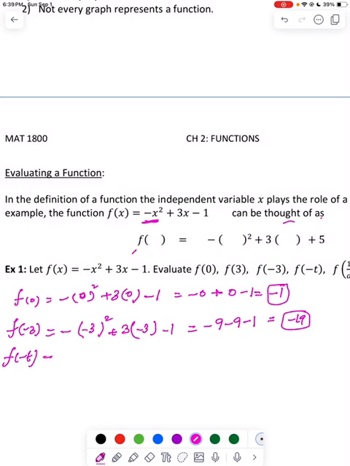So same thing, negative of negative t within parentheses whole square. So there is a negative sign with the t, plus 3 times negative t minus 1.